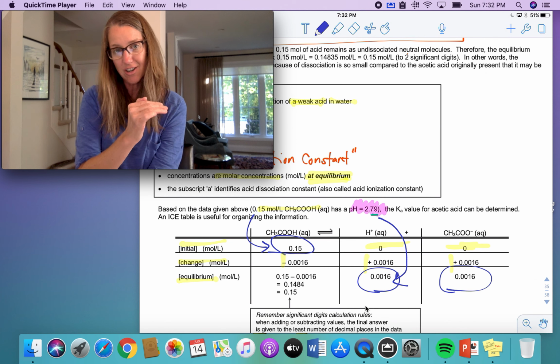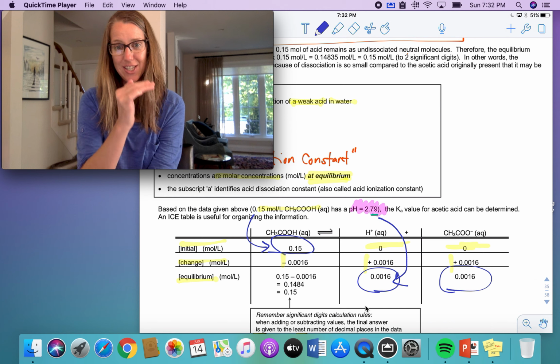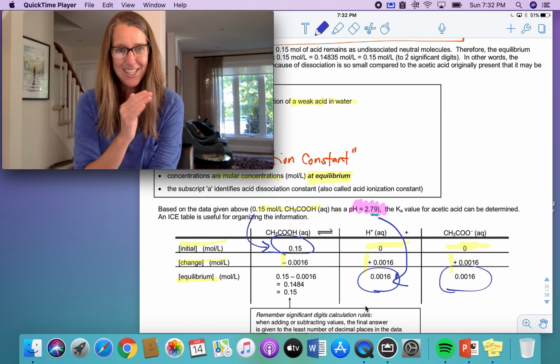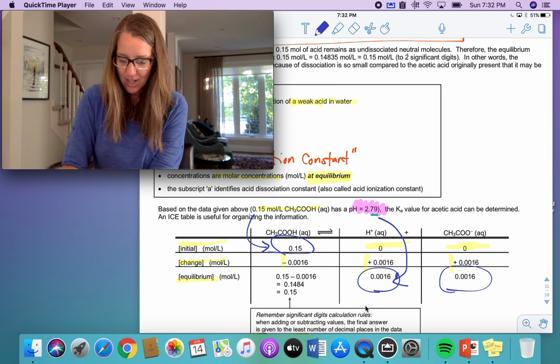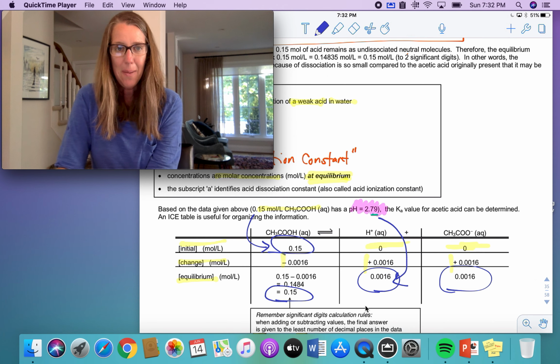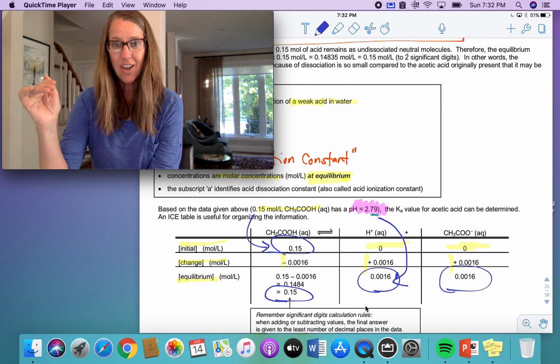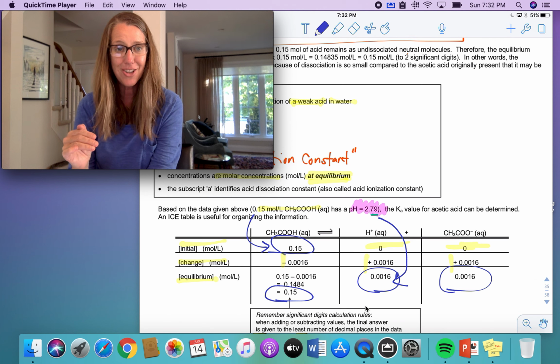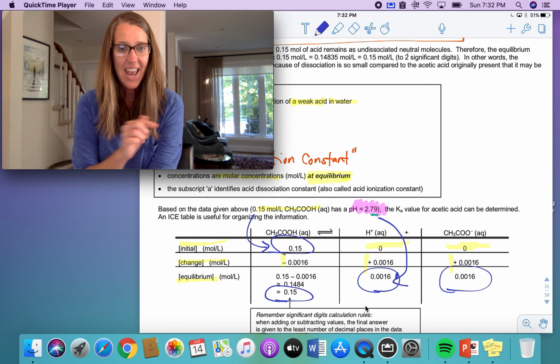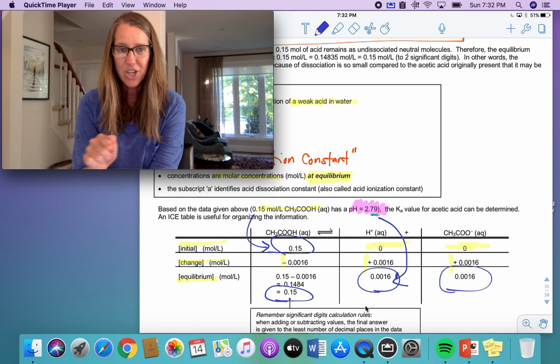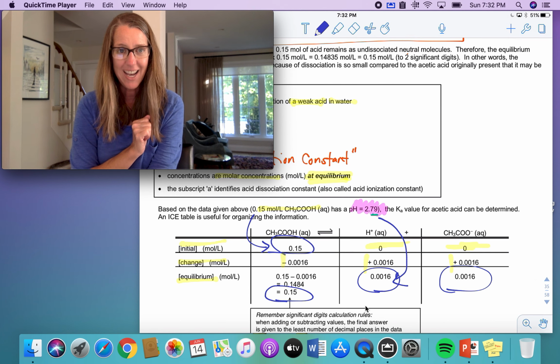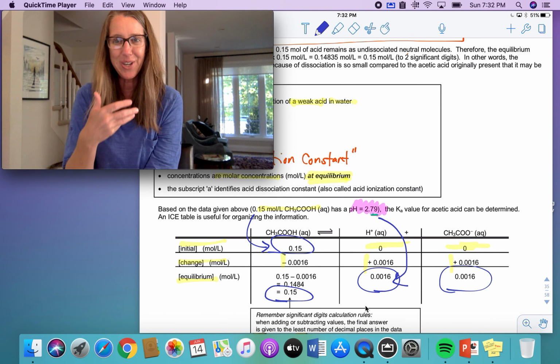And my change in concentration of my acetic acid is going to go down by a factor of 0.0016. So because I know the pH, I can know the equilibrium concentration of the hydrogen ions, and now I have concentrations in that whole bottom row of my ICE table. So what do we do with that?